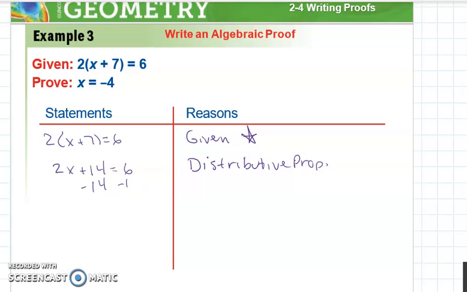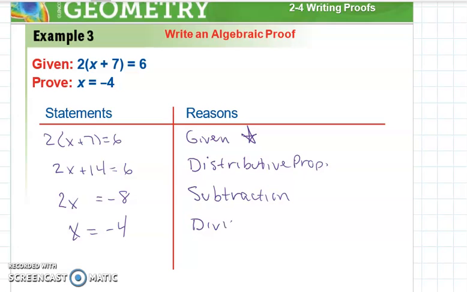If you want to put it in between the lines, you can. But the next step of this solving would be 2x equals -8. How we did that is we did it by subtraction. So this is a subtraction property. And then to get to the answer, one more step left, what do we do? We divided by 2. So this is the division property.